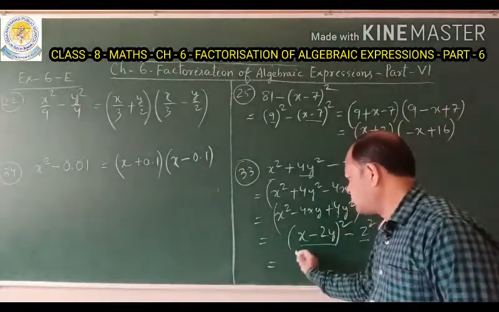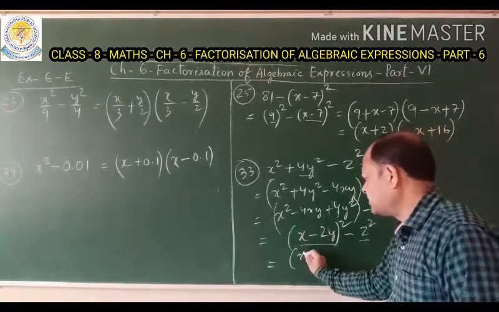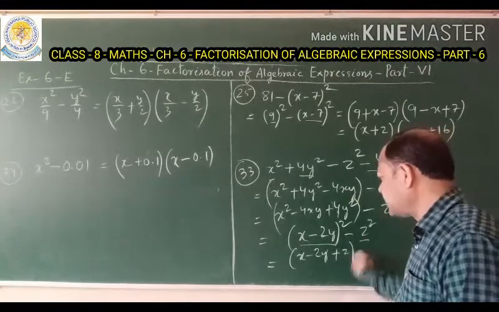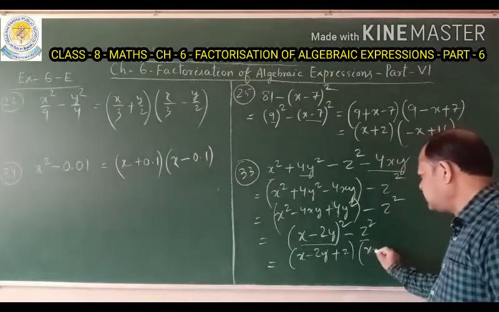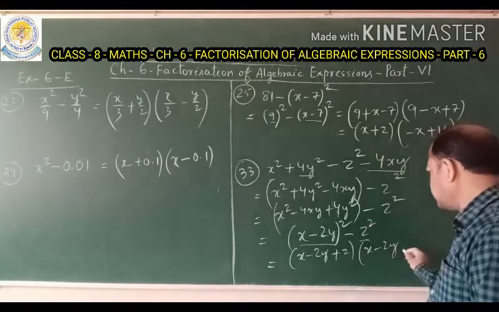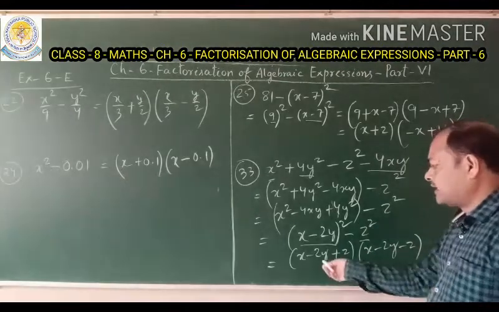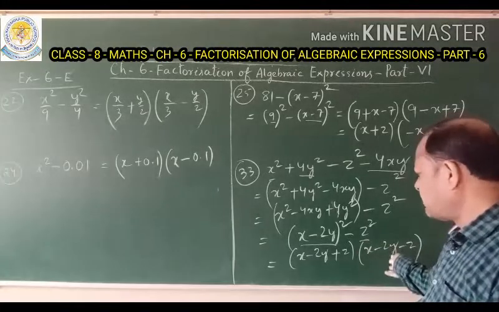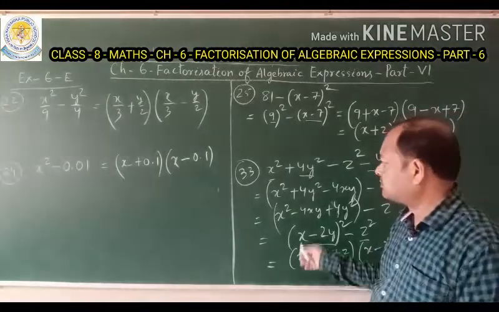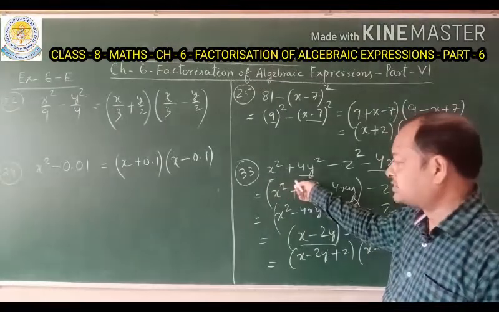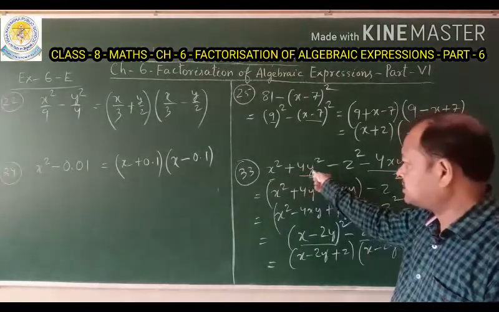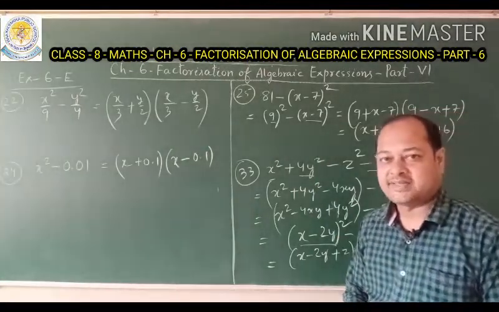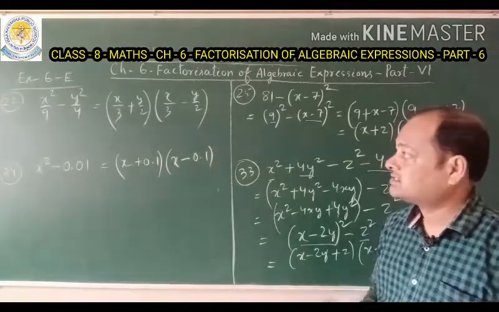So write down a plus b: what is a? x minus 2y is a, plus b, that is plus z here, and x minus 2y minus b, that is minus z here. So (x minus 2y plus z) into (x minus 2y minus z) are the two factors of this algebraic expression, x square plus 4y square minus z square minus 4xy. I hope you understand this concept today, all these questions.